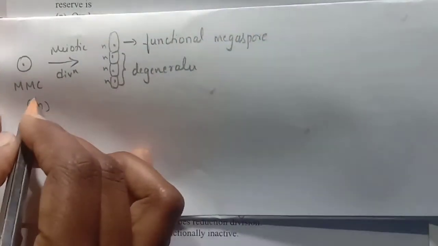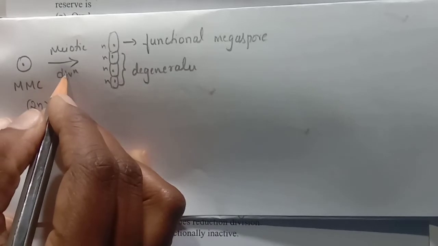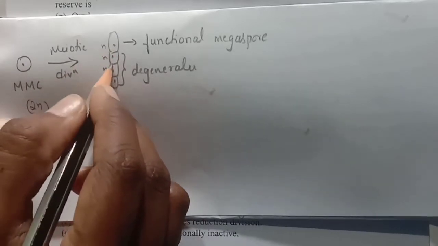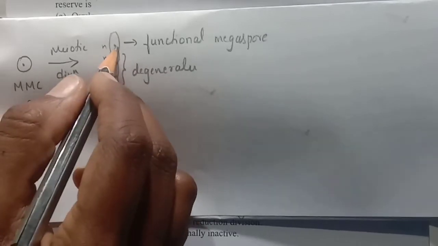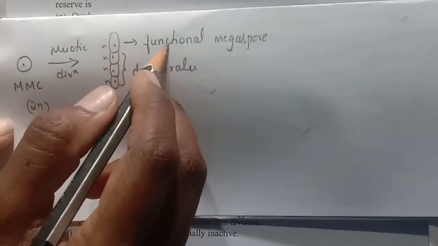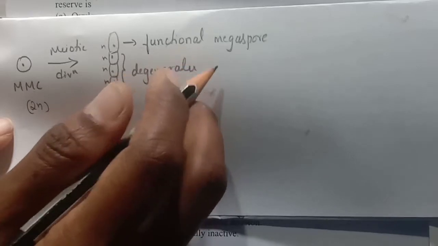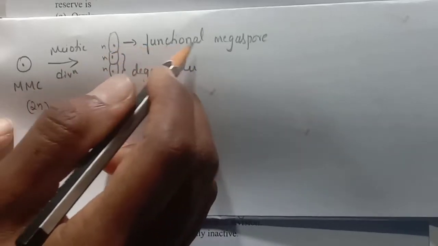When this megaspore mother cell undergoes meiotic division, it results in the formation of 4 haploid megaspores. Out of the 4, 3 will degenerate and only 1 becomes functional, and this functional megaspore develops into the embryo sac. But initially we will call it a megaspore.